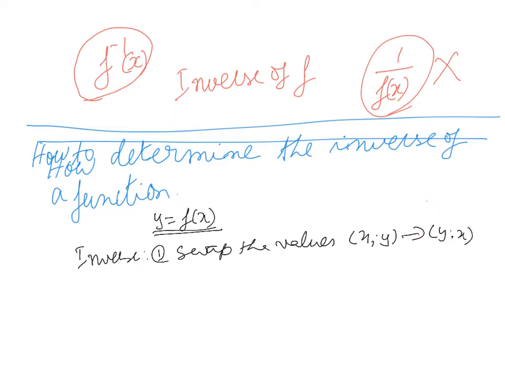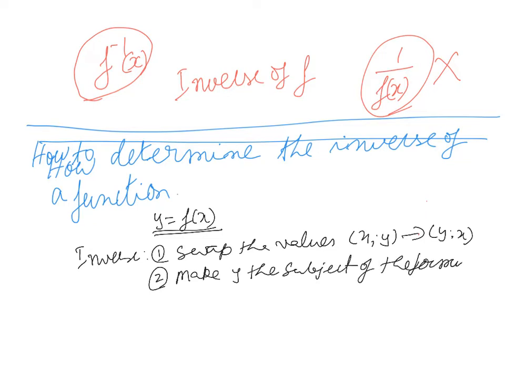The second step is to make y the subject of the formula. So first, swap the values, and then second, make y the subject of the formula. That's how we find the inverse of a function.